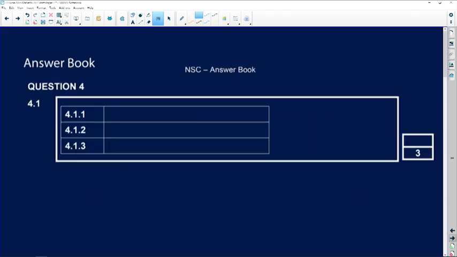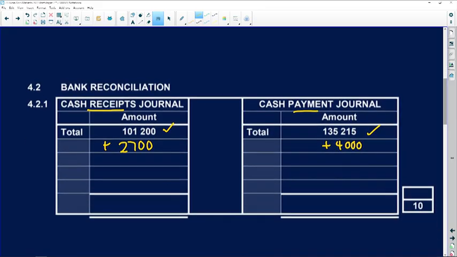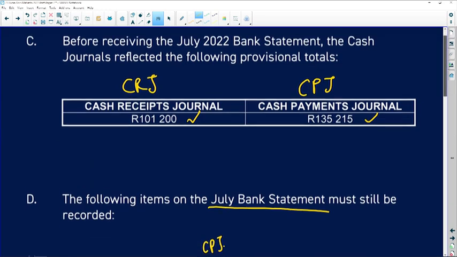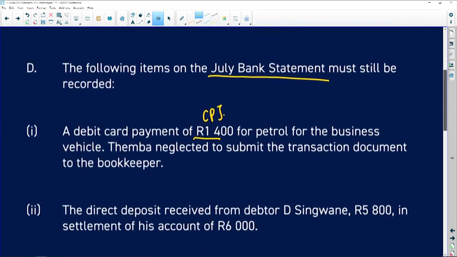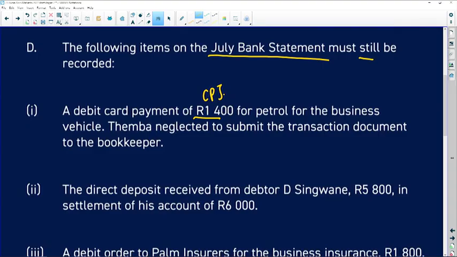So let's now include the 1,400 in our CPJ. Okay, CPJ, remember we're adding 1,400. Okay, so that's an easy one. Right, next item that's appearing in the bank statement that still needs to be recorded. So we've done the first one.